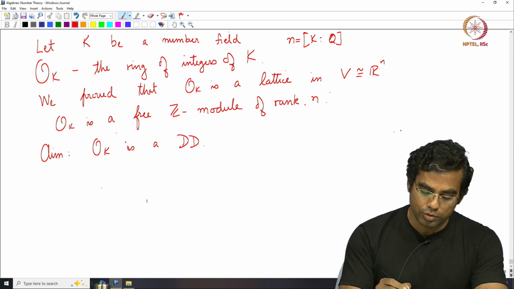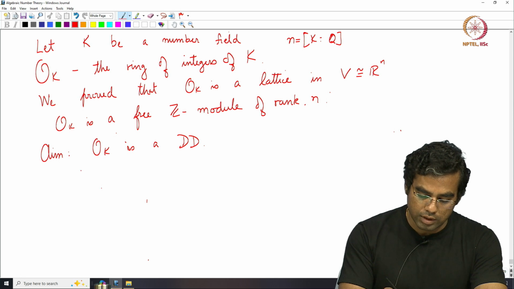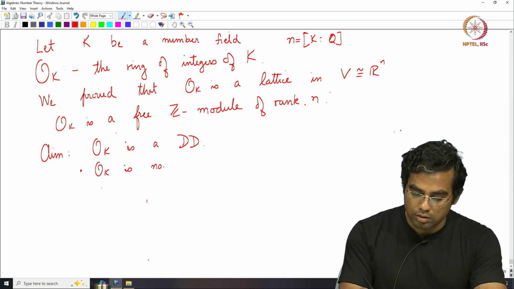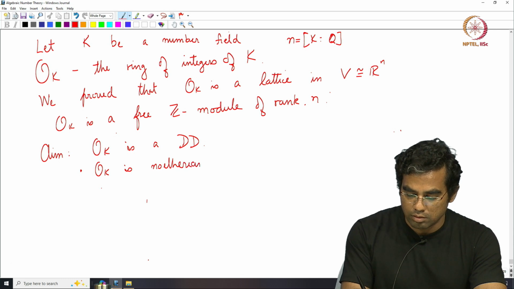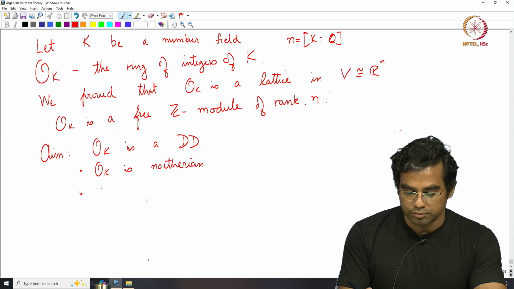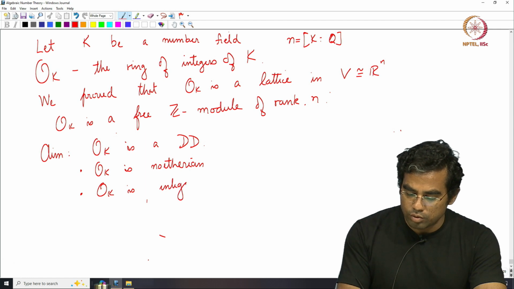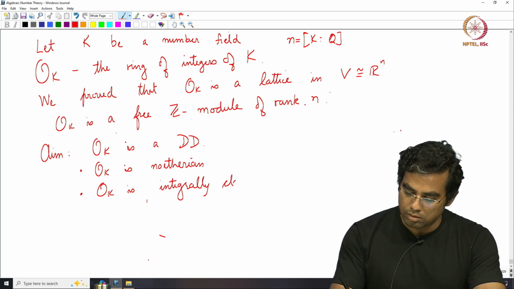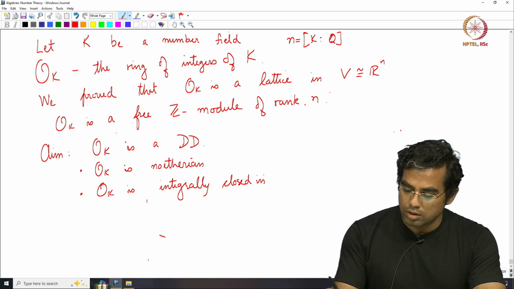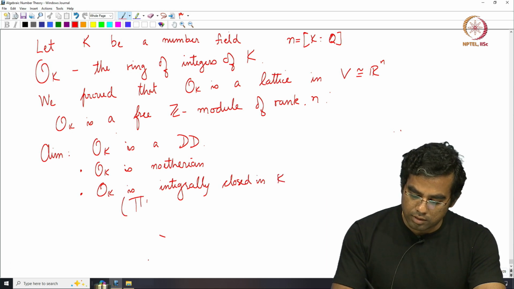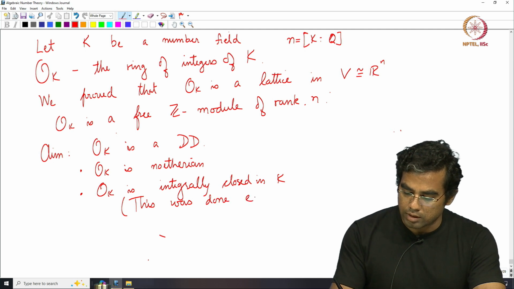So, what do we need to prove? We need to prove three things. OK is Noetherian, OK is integrally closed in K. This we did earlier, this was done earlier.